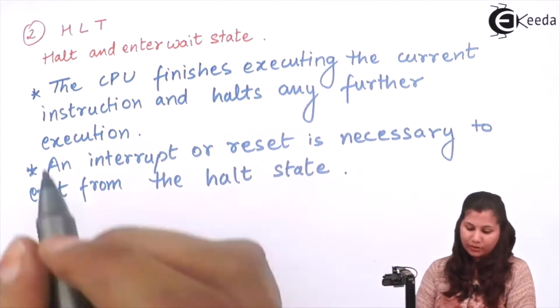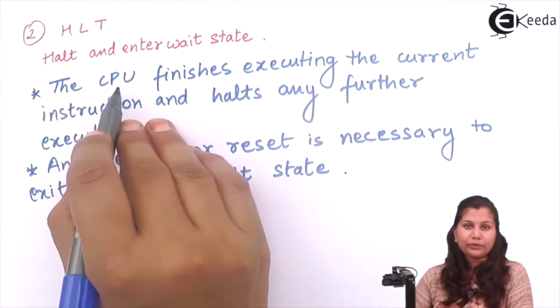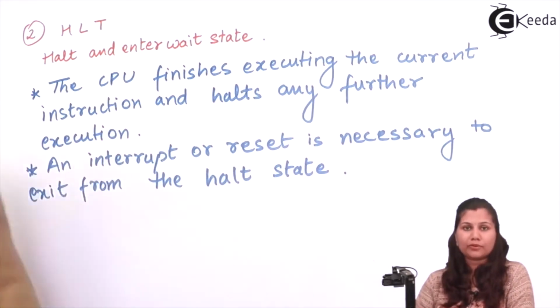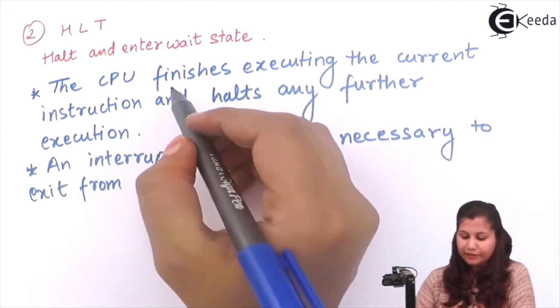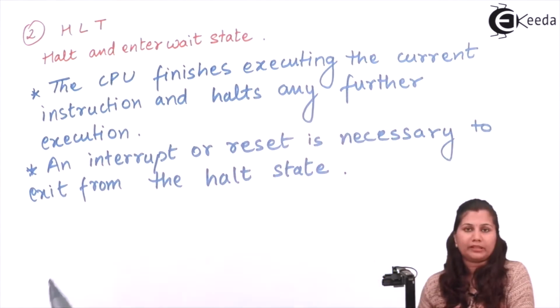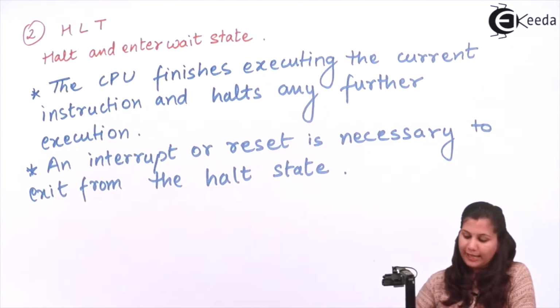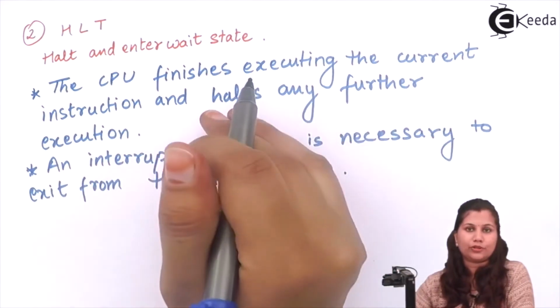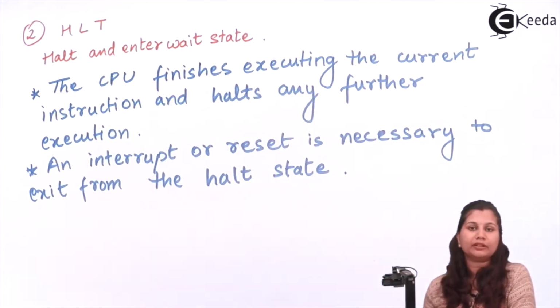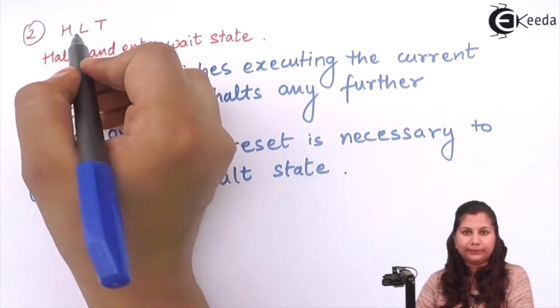So what this instruction means is that the CPU, the central processing unit of the microprocessor which performs all the processing, finishes executing the current instruction. Whatever instruction the microprocessor is currently executing, it will finish the execution of that instruction and halt any further execution. Halt means it will stop any further execution of the instructions written after HLT.